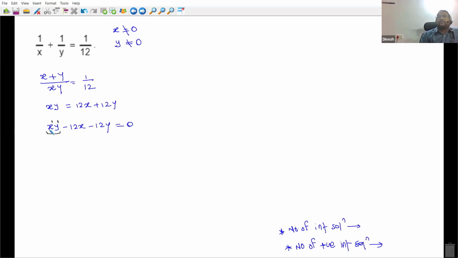In multiplication, if bases are same, we add the powers. Here bases are not same, but these two variables are together. So the degree of this equation becomes how much? Not 1, it becomes 2. It is a quadratic equation, everyone. Remember this. Over here x and y, these two variables are together.